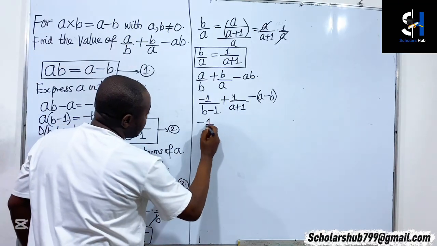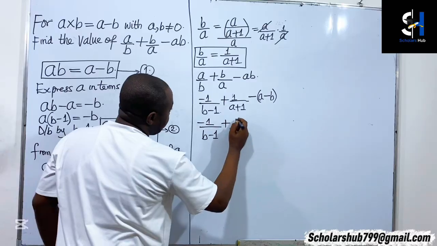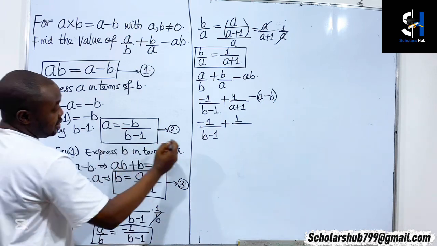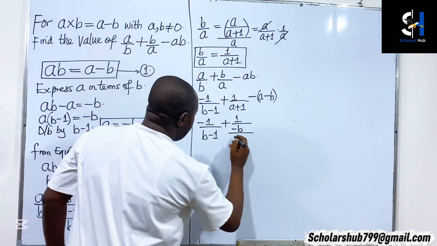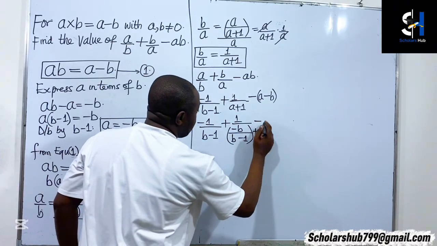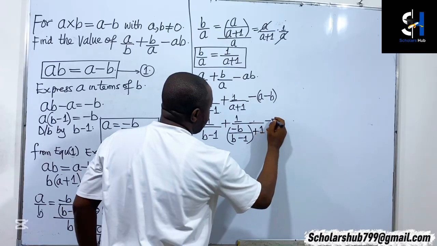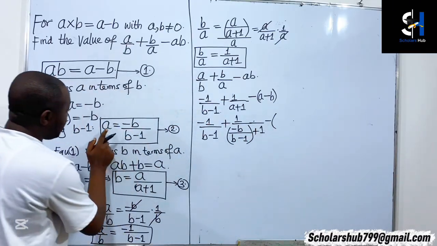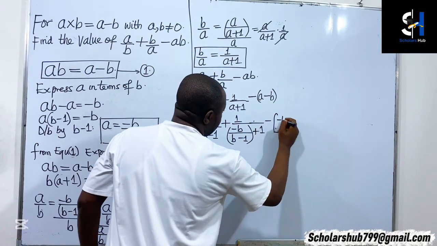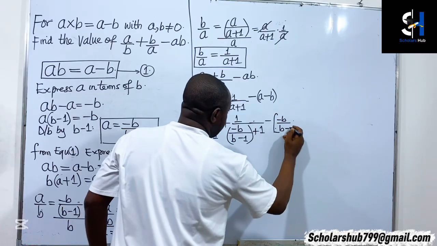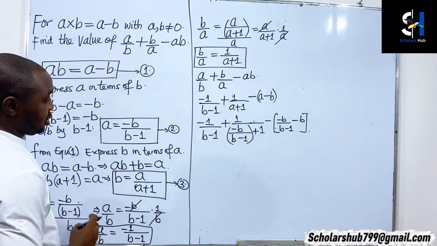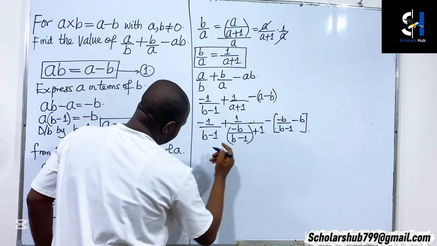So this will be negative 1 over b minus 1 plus 1 over, and the expression for a in terms of b is minus b over b minus 1. Then plus 1 minus parenthesis, where a is minus b over b minus 1, so this will be minus b over b minus 1, then minus b. All right, so we simplify this expression.